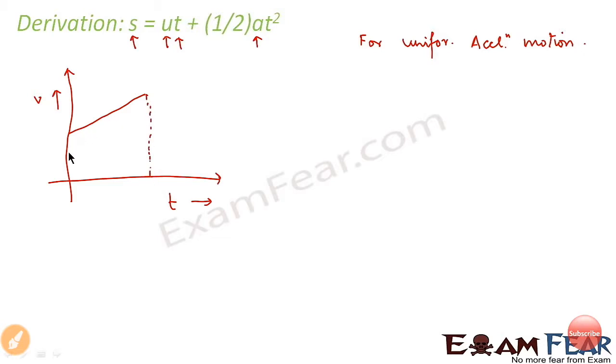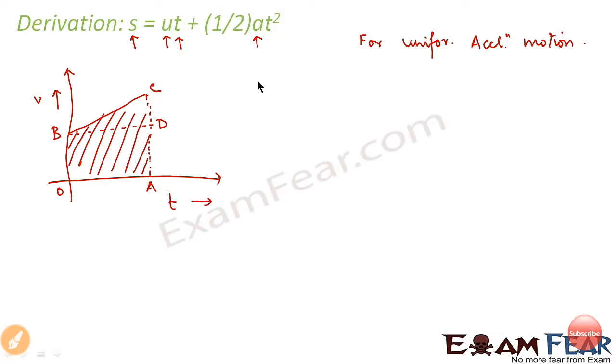Let us try to find the area of this entire thing and let us name it. Say this is O, this is A, this is B, this is C. How do you think we will be able to find the area of this trapezium? Let us draw a perpendicular here. This is point D. Now we have divided the figure into one rectangle and one triangle.